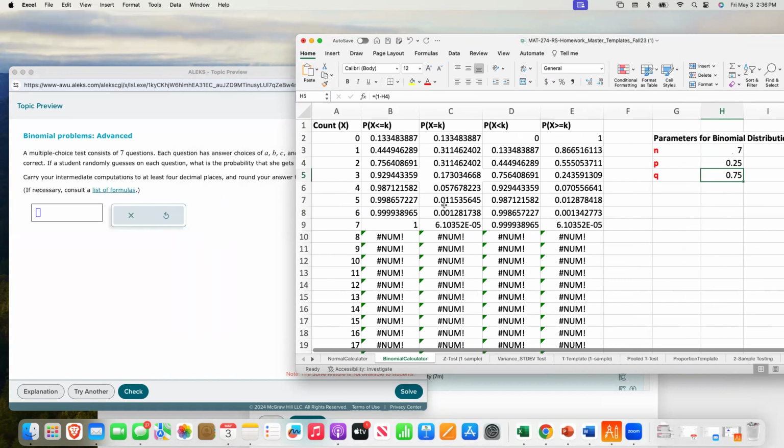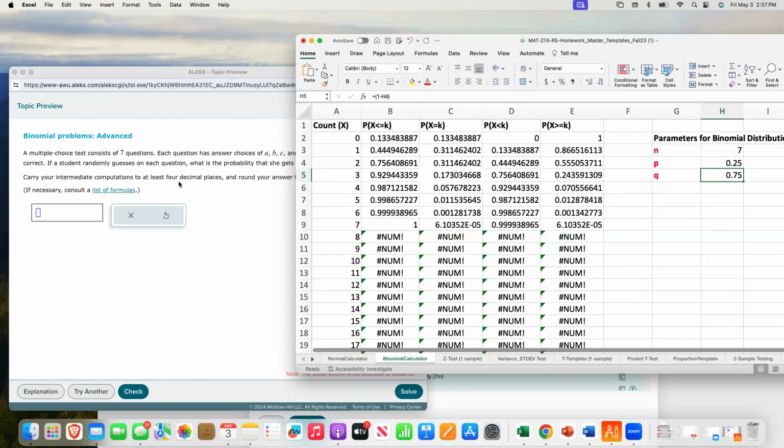Since we're interested in at least 2, that's the least it can be. So that would be the probability X is greater than or equal to 2, which would be 0.555. And rounded to 4 decimal places, that would be a 1 then, right?